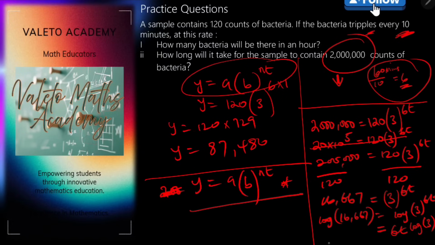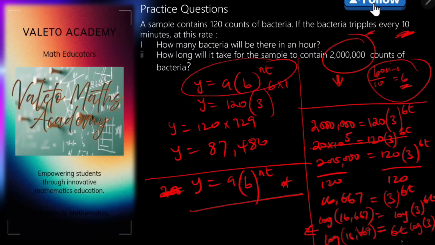So this is the same thing as log 16,667. Okay, sorry, let me just move this to this side. I'm very bad at managing space, obviously. So if we divide both sides now, we want to eliminate every other thing to have just t left here.